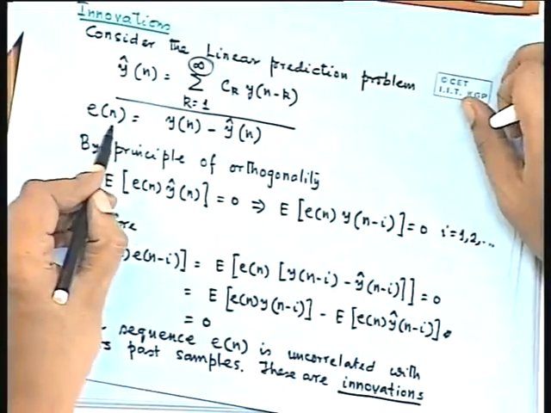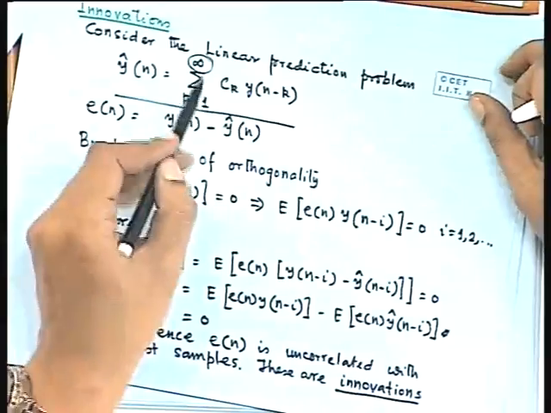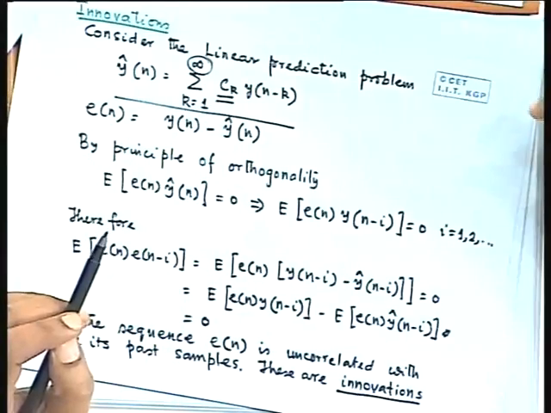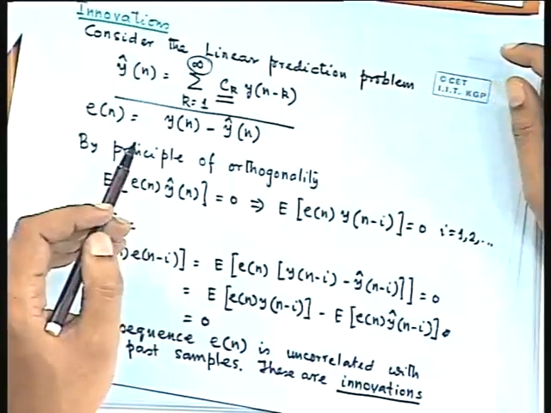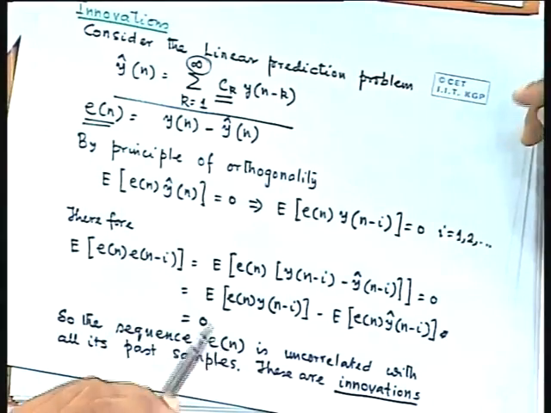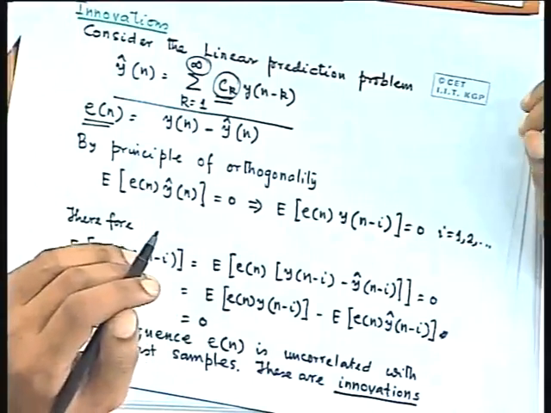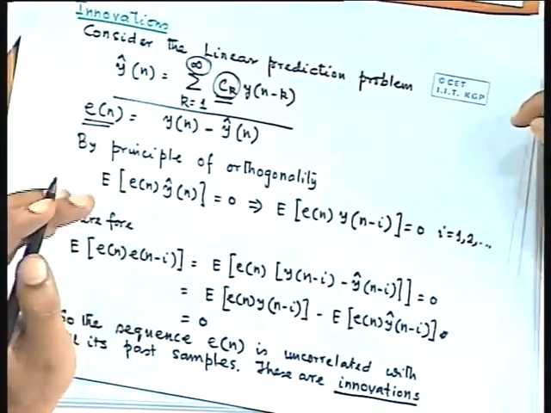But still it's a linear estimator. So you have a number of weights, and so you will have an error, and if you use optimal weights which are given by the Wiener filter equations, then what will happen?